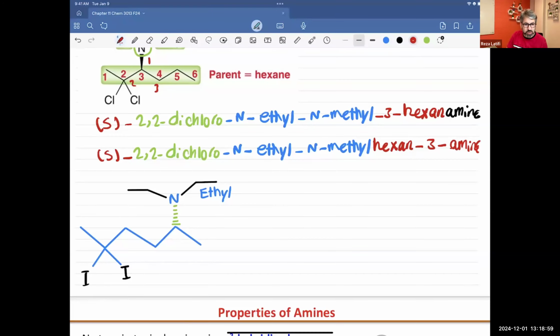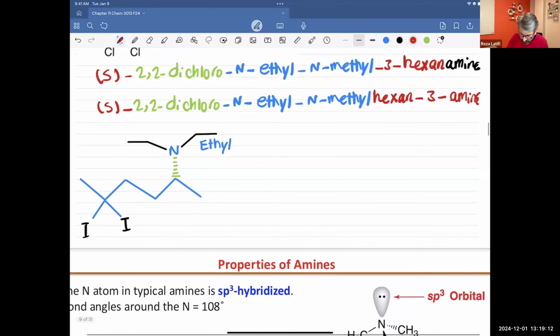So this one, I have two groups attached to nitrogen, and they are identical. I have ethyl versus iodo. Ethyl will get priority over the iodo. And so the way I'm going to name this one, I go 1, 2, 3, 4, 5, 6. I start labeling from the right side because it's closer to nitrogen. I have an amine group, so I have two identical groups attached to nitrogen.